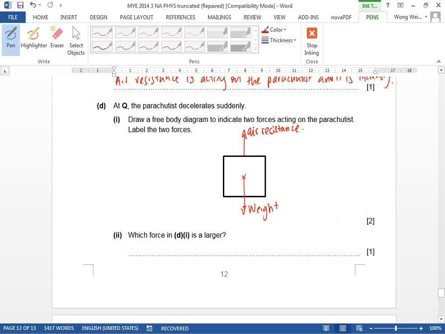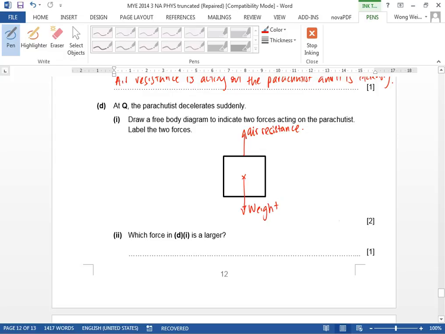Okay, so what? If the acceleration is negative, what can you tell me about the resultant force? No. Yesterday we said that acceleration 0, resultant force is 0. What about today? If I tell you the acceleration is negative, what about resultant force? Yes. Also negative. This is shown from our formula.